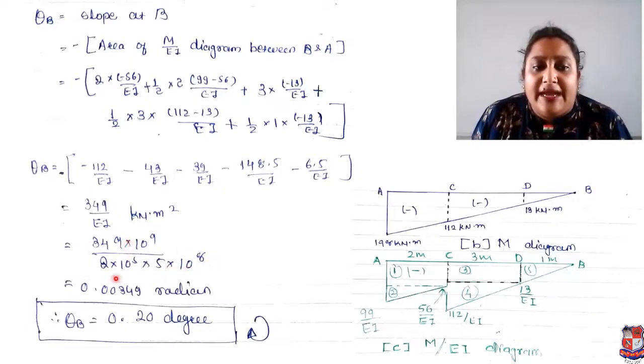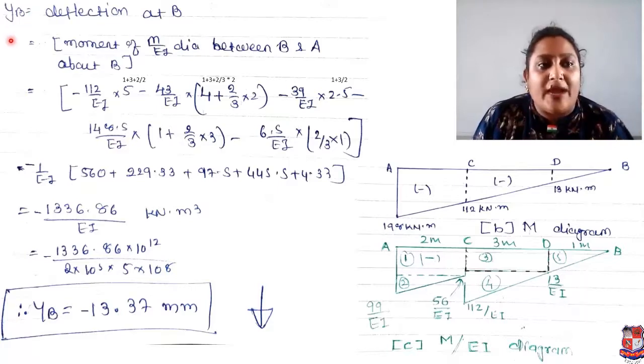As per that, we get theta B equal to 0.00349 radian. If we convert to degrees, theta B is equal to 0.20 degree. The direction is already mentioned over here, so no need to worry or be confused.